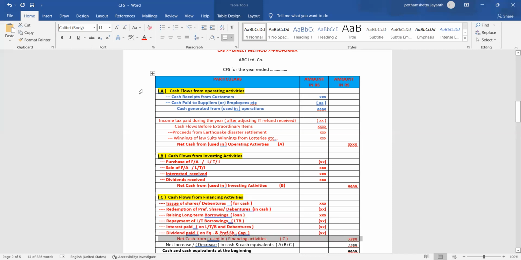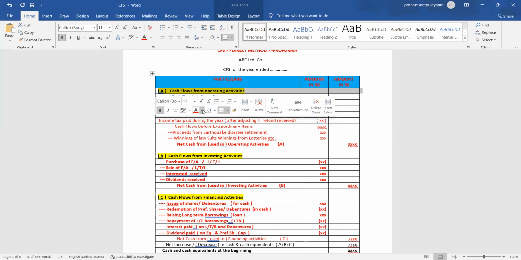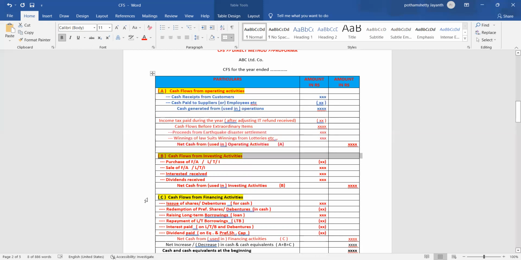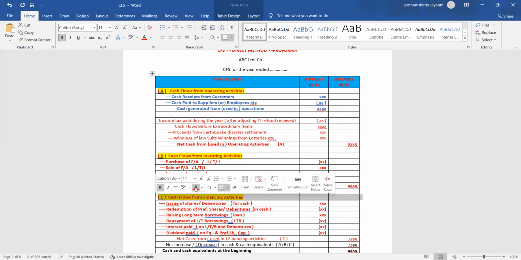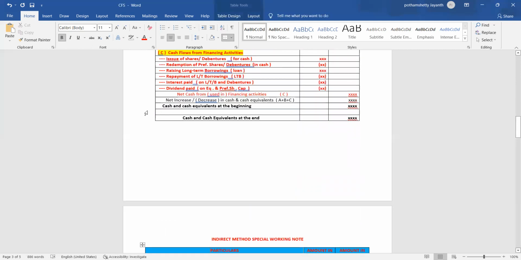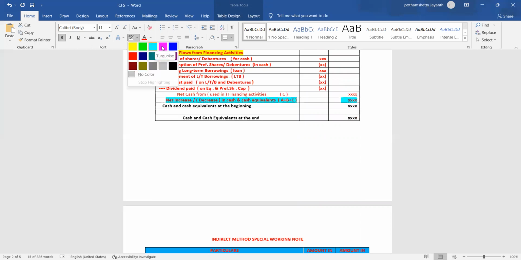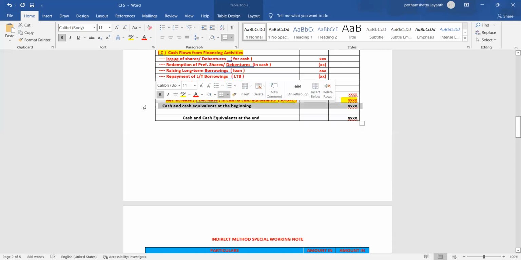If you add the three, now it will become fully red. A, cash flow from operating activity, B, cash flow from investing activity, and C, cash flow from financing activity. If you add all these three things, you get net increase or decrease in cash and cash equivalents, A plus B plus C. It is becoming bold, I will highlight it too so that you understand. This changing part, A plus B plus C, is whatever money came from operating, investing and financing activities. To this you need to add opening cash and cash equivalents. You will get closing cash and cash equivalents.